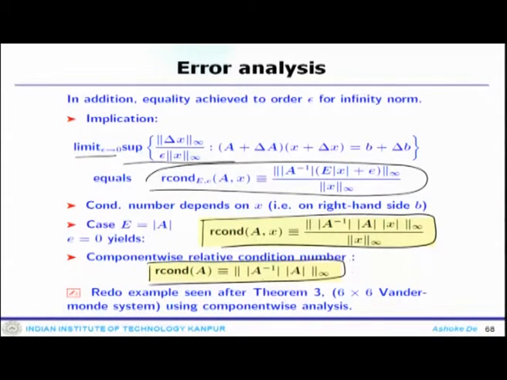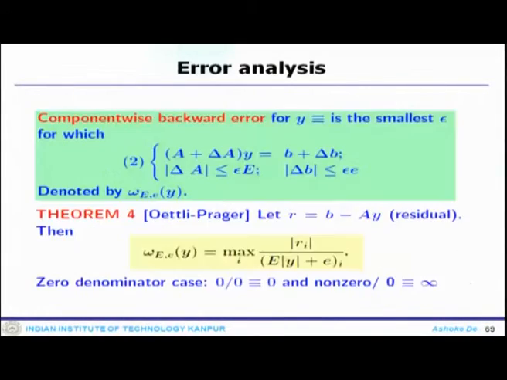So, this would be a very useful formula for the condition number. You need to take care of all these while you are programming your linear solver.